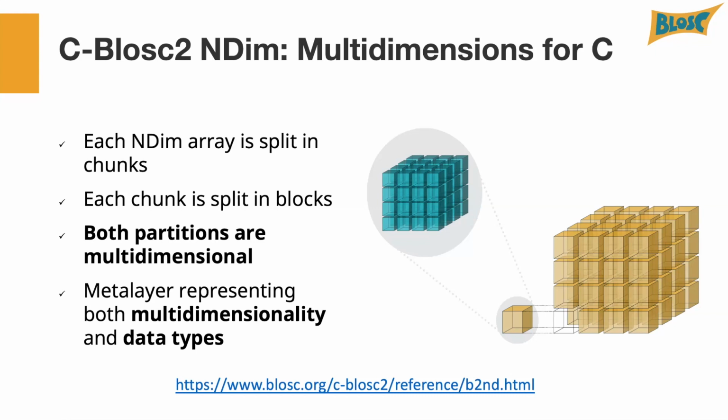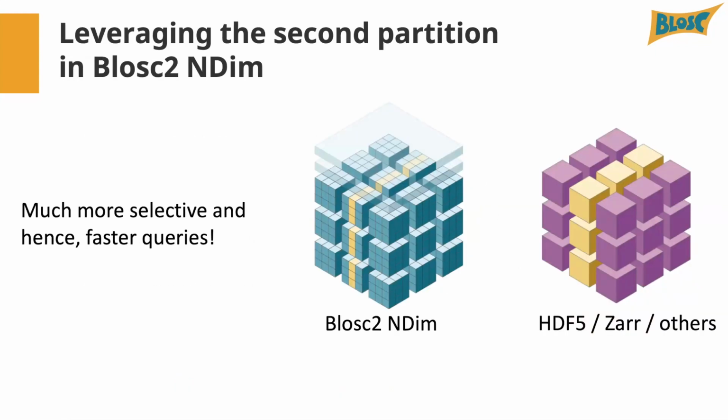And that has nice implications, because we can leverage the second partition in Blosc2 NDim. For example, with HDF5 or Zarr or others, as we only have one level of partition, whenever we want to get a fine hyperslice, we are forced to decompress, in this case, all these yellow boxes here on the left, on the right.